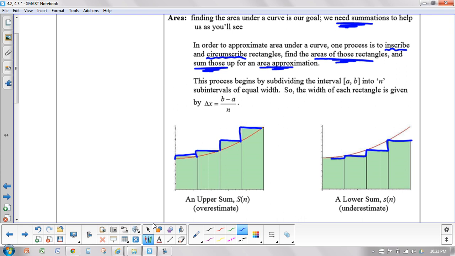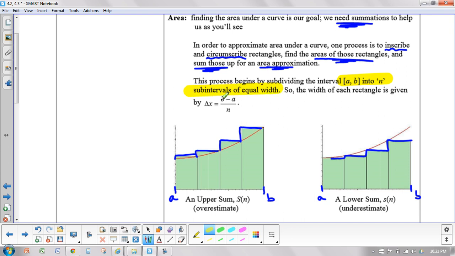But our process would begin by subdividing our interval AB, so assuming this is A in our picture, and this is B, into n subintervals of equal width.